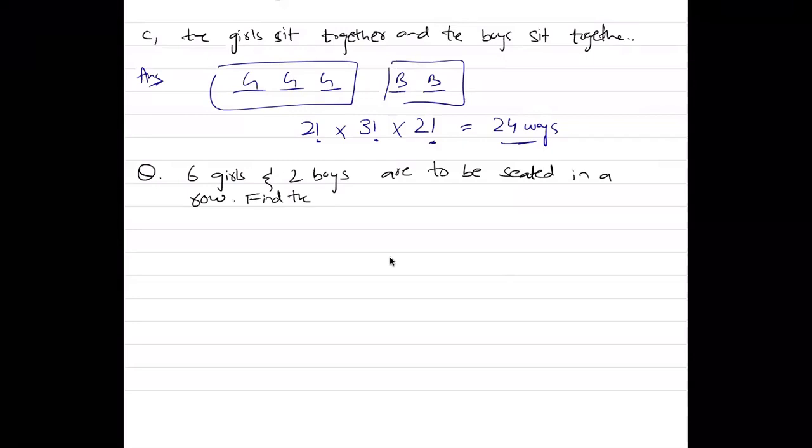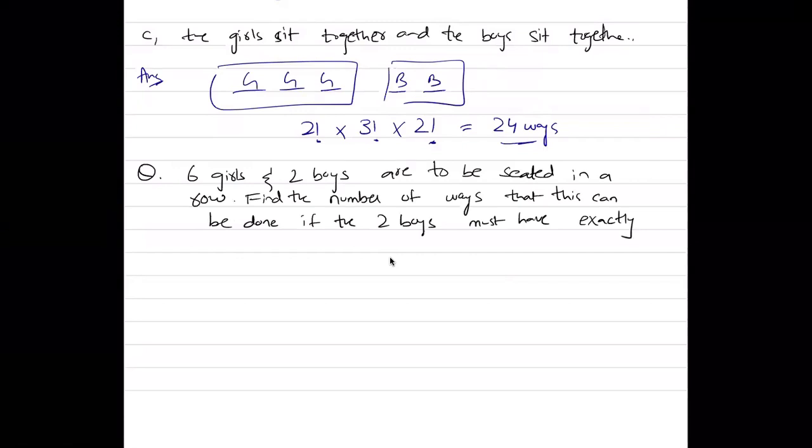Find the number of ways that this can be done if the 2 boys must have exactly 4 girls seated between them. Okay, you may try this first by yourself.